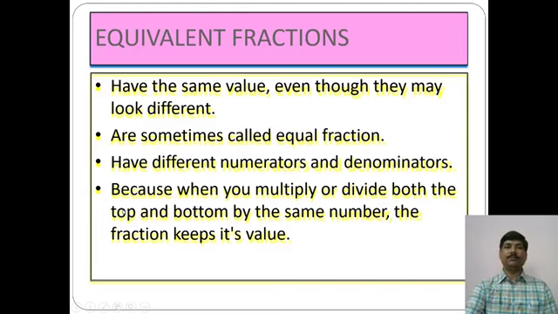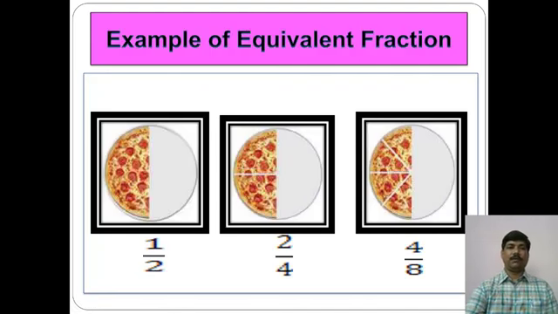So the resulting fraction will be the equivalent fraction. How? Next, for an example of the equivalent fraction, as you are seeing in this picture, this pizza is divided into two equal parts. This part shows the half pizza.